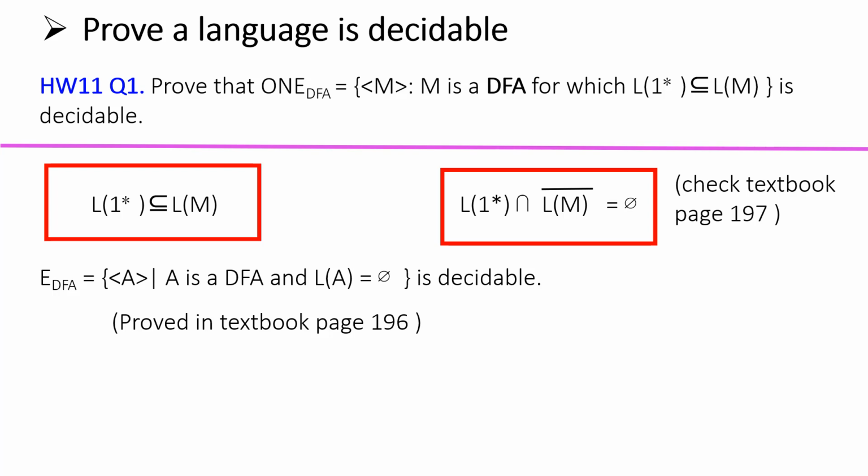Finally, we used the knowledge that eDFA is decidable in our last example. Can you apply this knowledge in this example? If you are still kind of confused, I recommend that you read the proof of theorem 4.5 in page 197 of the textbook.